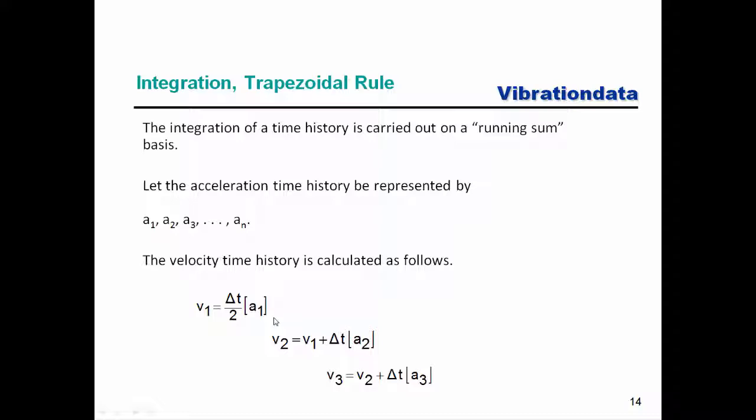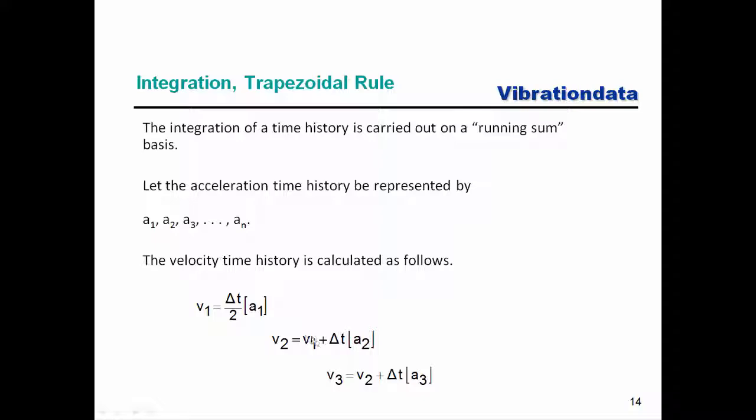Now, well, here's a problem already. We're going to say that's what our velocity is at point 1, but really we're missing an important piece of the puzzle. We do not know what the initial velocity is. More about that later on. Now to get the second velocity point, it's equal to the first velocity plus delta t times the second acceleration.